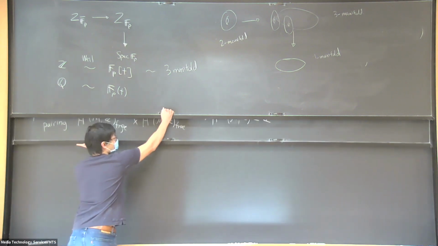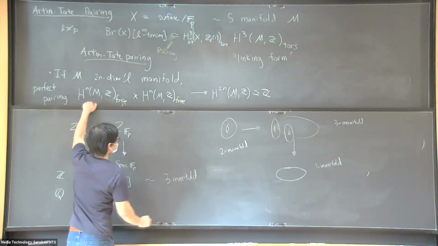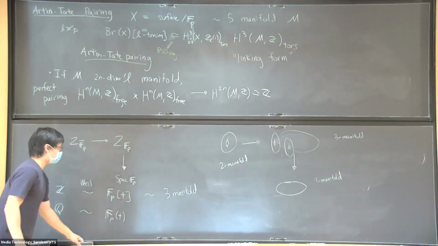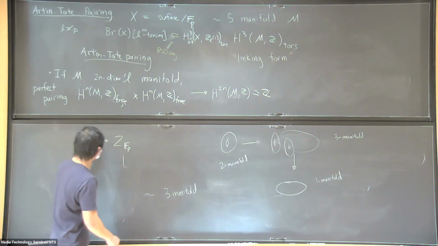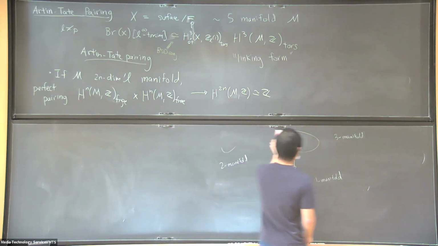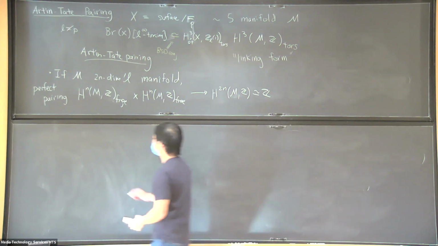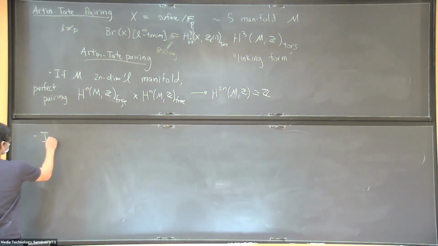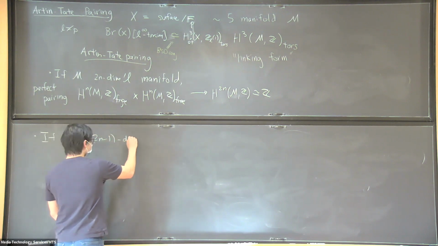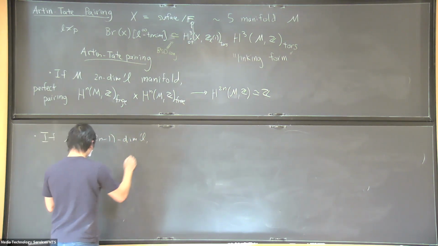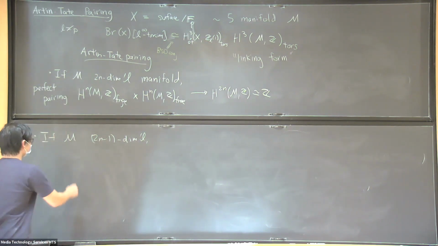Of course, this doesn't work if n is odd dimensional, because then there is no middle. But it would be kind of unfair if odd dimensional manifolds didn't have any kind of duality. And it turns out they do, and that's what the linking form is. If M is 2n minus 1 dimensional, then there is a pairing, but it's not on that, it's on the torsion.